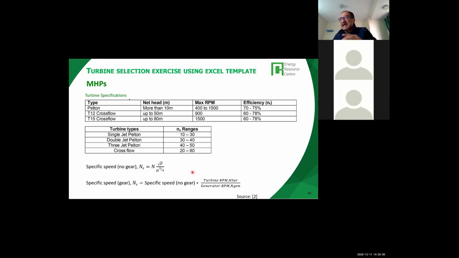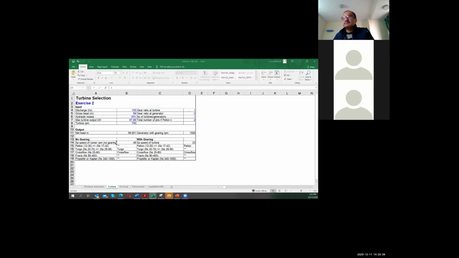Based on that, here is the example. We have a discharge of, let's say, 150 liters per second. Since it is a micro hydro, they have put discharge in liters per second.